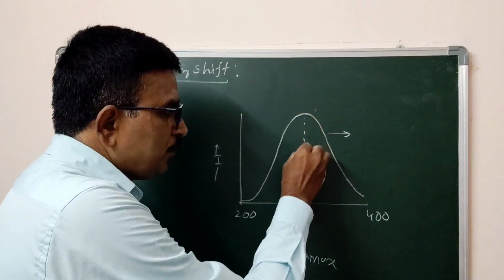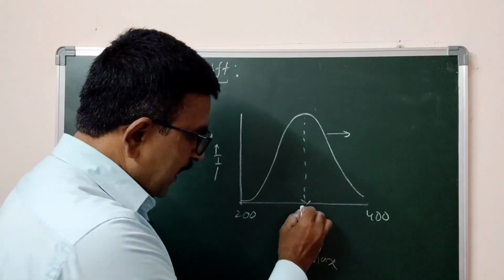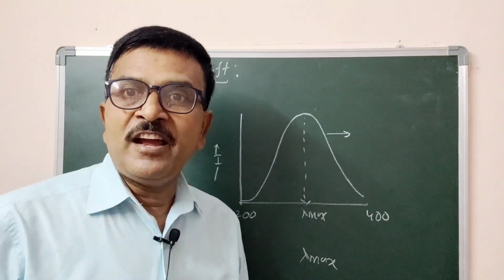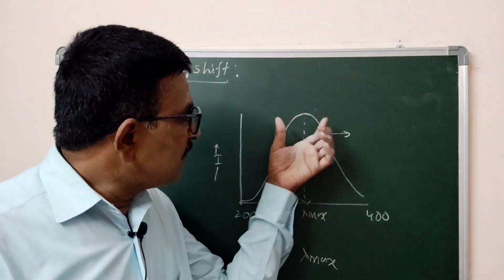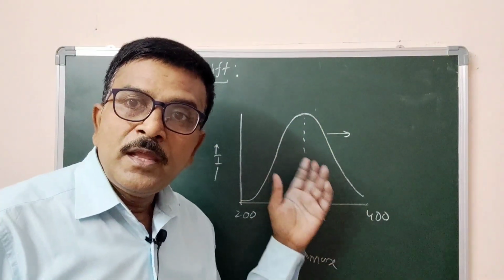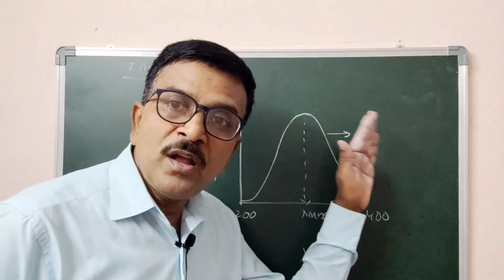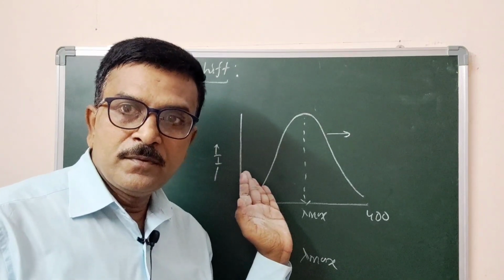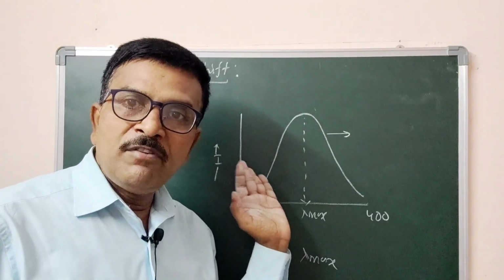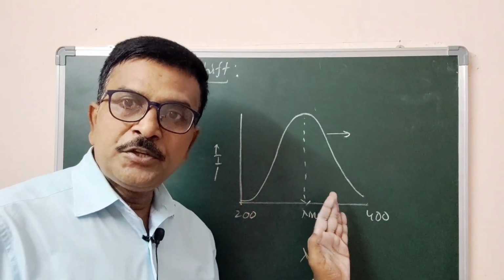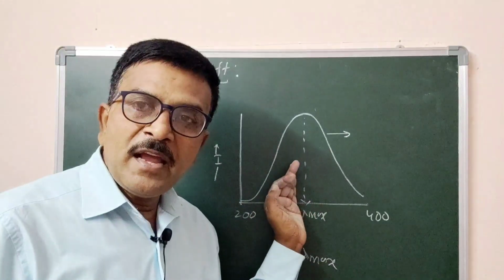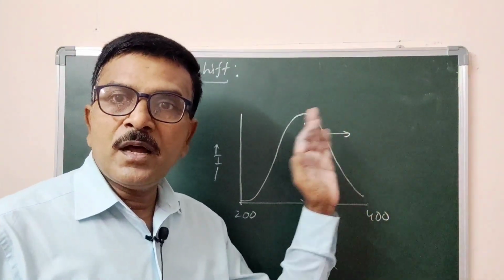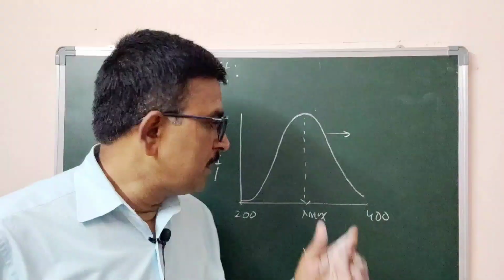We may observe its absorption band, lambda max, at this point. Due to some factors, this band in the spectrum may be shifted sometimes towards longer wavelength or towards shorter wavelength. Are you following? So due to environmental factors in a molecule, the absorption maxima may be shifted towards shorter wavelength or towards longer wavelength.